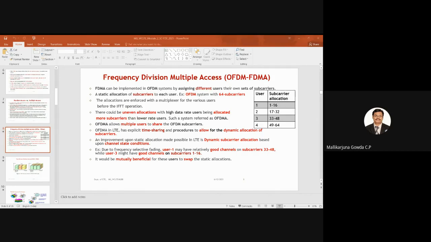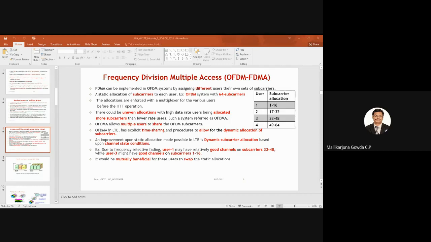I have taken here an example of an OFDM system having 64 subcarriers, allocated to 4 different users. User 1 will be given subcarriers 1 to 16, user 2 17 to 32, user 3 33 to 48, user 4 49 to 64. So this is one way of doing the allocation.